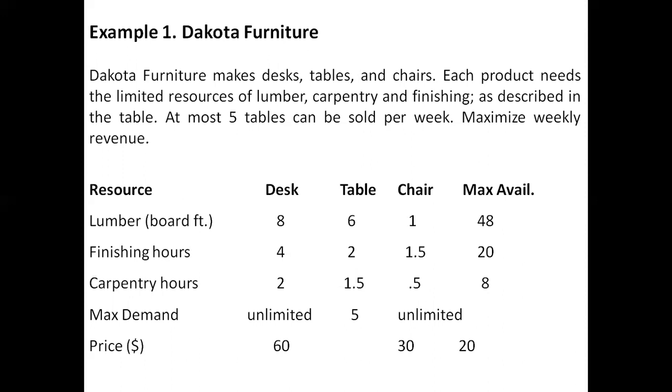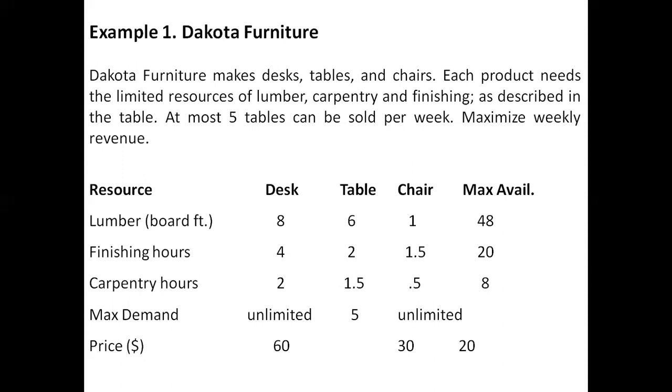Lumber, board feet: 8 for the desk, 6 for the table, 1 for the chair, and the maximum availability of lumber is 48. So a combination of desks, tables, and chairs needs to be manufactured within that maximum of 48. Next, the finishing hours: 4 hours for the desk, 2 hours for the table, 1.5 hours for the chair, and the maximum available time is 20.